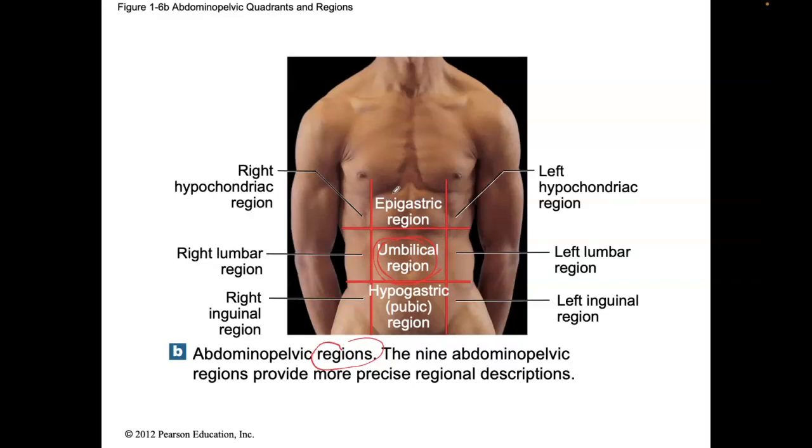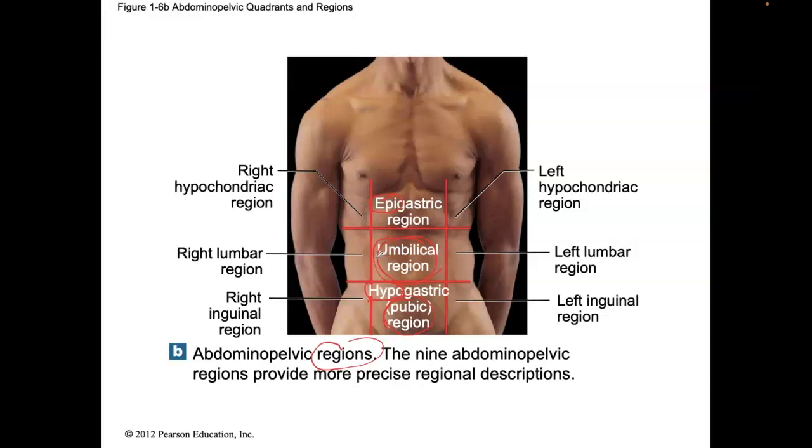Gastric means stomach, epi means above. So above the stomach is epigastric. Below, hypo means low or under. Hypogastric is below. The hypogastric is also referred to as the pubic region, and that's where the pubic bone is. So umbilical, epigastric, or hypogastric. The other name for hypogastric is pubic region.